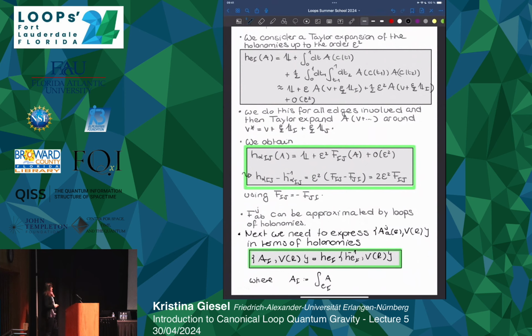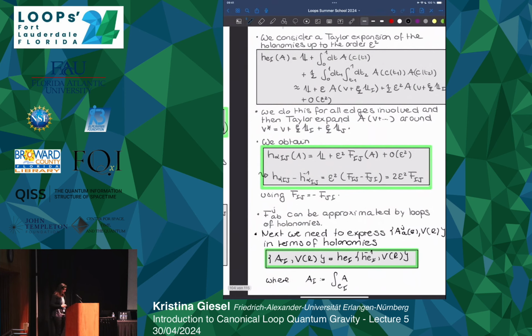Now, the second ingredient, which we need to approximate by holonomies, is this Poisson bracket here, which we used when replacing the inverse square root factor. Now we can follow the same idea.